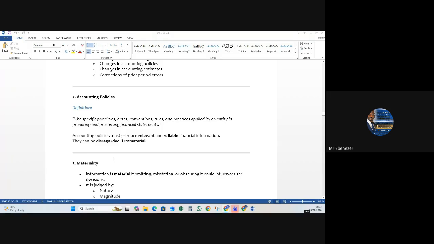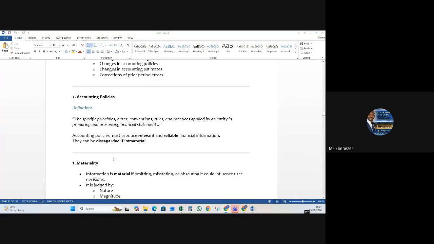It will misstate your financial statement. Whether you omit it, misstate it, or obscure it, that is when you hide it, anything you do will have an influence on the decisions made with your financial statement. It will have a very huge impact.